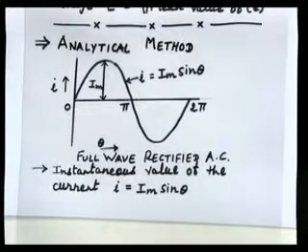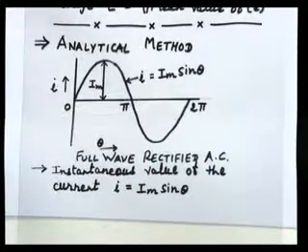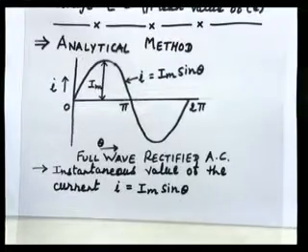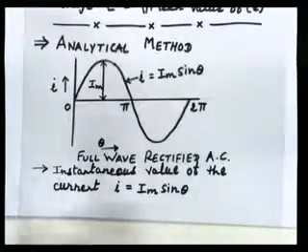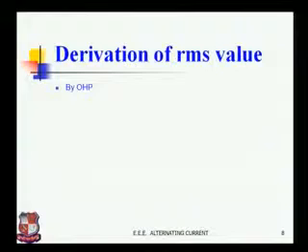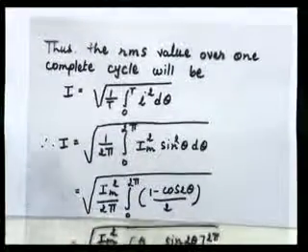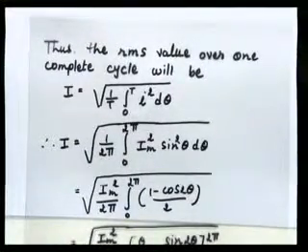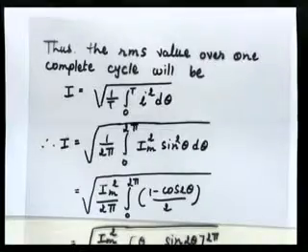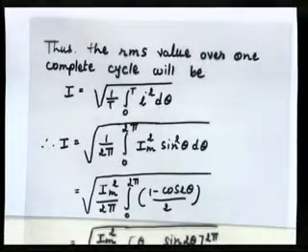Now to derive the equation for RMS value, you have to integrate this equation throughout the time period. Okay, we are considering one complete cycle. So for one cycle your time period is T.